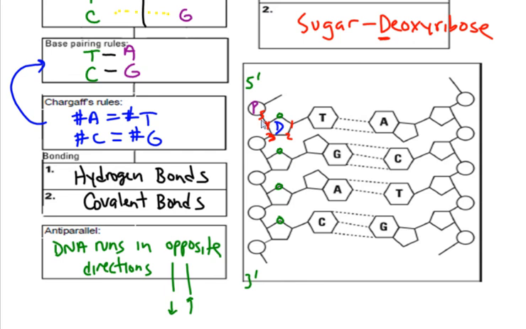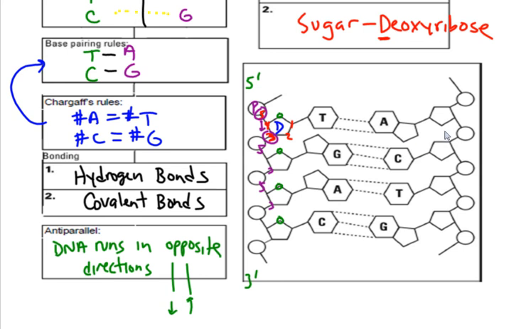Notice how our 5 to 3, and that's where we get that 5 to 3 direction. The 5 carbon is at the top, the 3 position carbon at the bottom, 5 to 3 direction. And we see that with all of your nucleotides going the whole way down, 5 to 3, when your oxygens are pointing up.